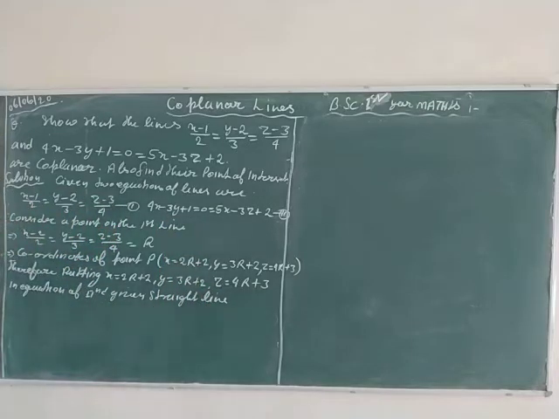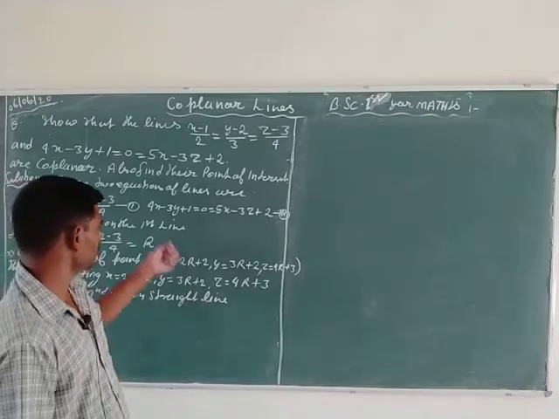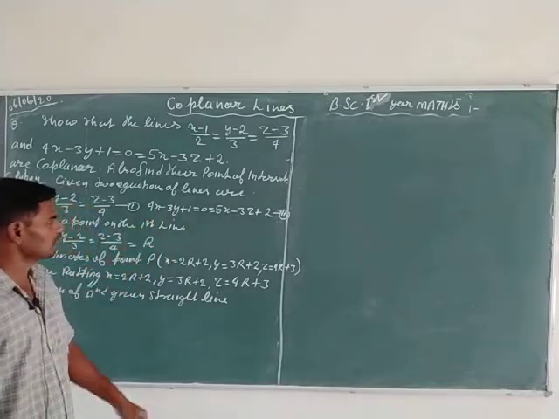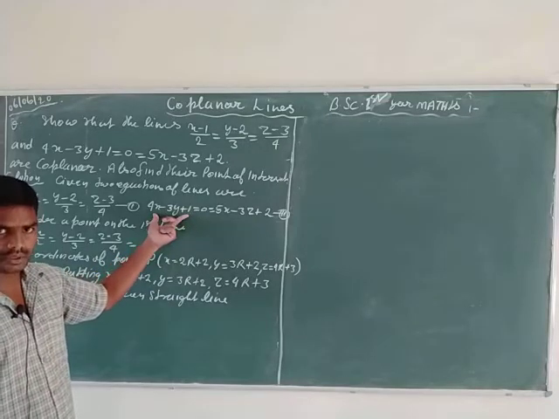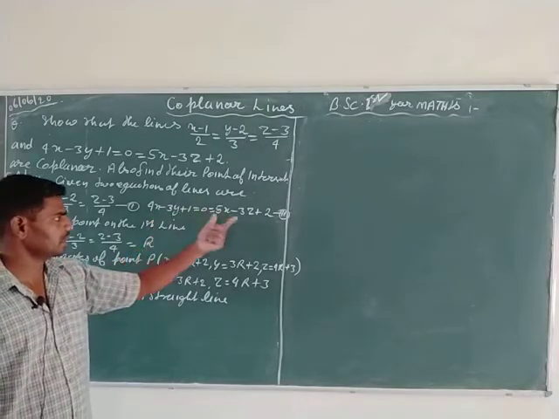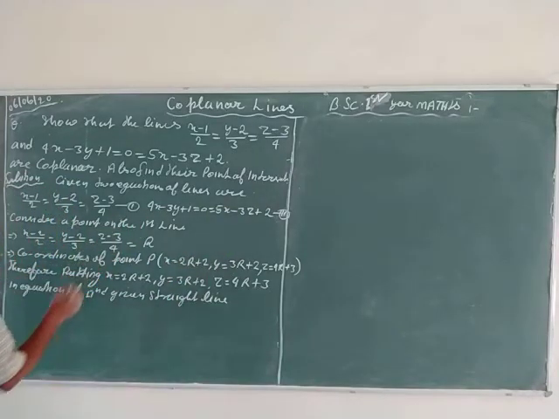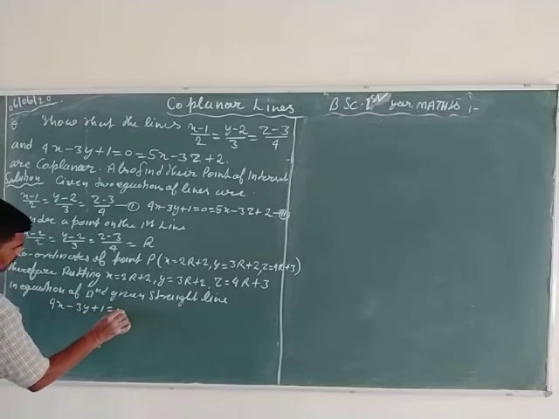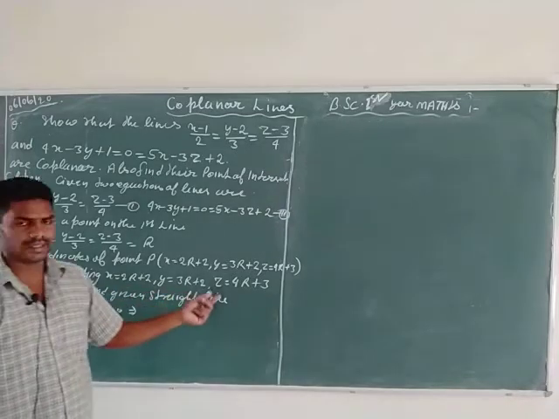The second straight line is given in the general form, means the intersection of two planes. The first plane is 4x minus 3y plus 1 is equal to 0, and after that is the second plane equation. So first take the first plane equation, 4x minus 3y plus 1 is equal to 0, putting the values of x, y and z.